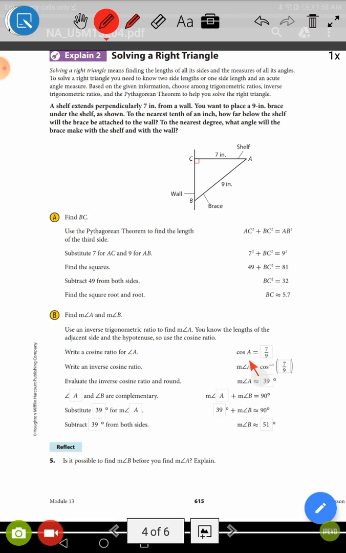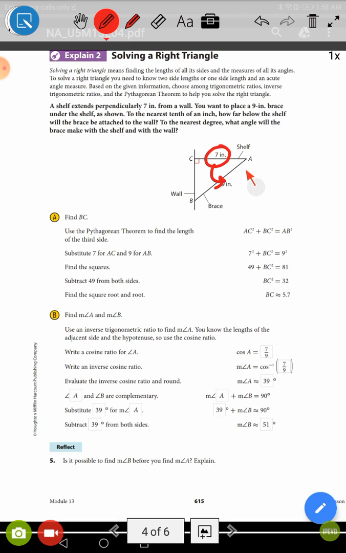If you put cosine A, it means adjacent over hypotenuse, so it's 5/9. Then to find the measure of angle A itself, shift cosine, it will be about 39.